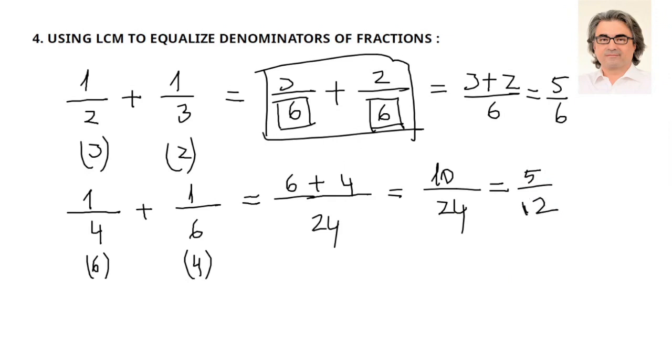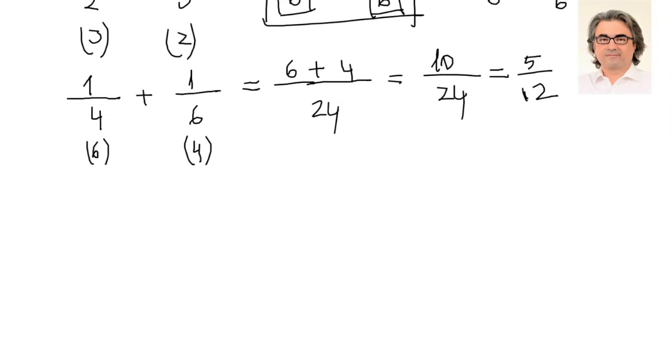Now, is 24 the least common multiple of 4 and 6? This is the main question. Yes, equalizing in 24 is possible for this operation. But is the least common multiple of 4 and 6 equal to 24? Now let's try to find the least common multiple of 4 and 6 by using the standard way.